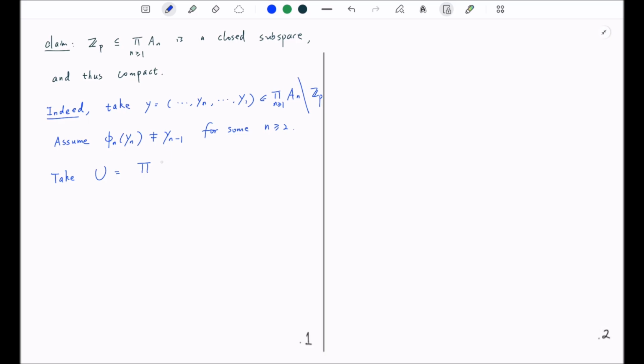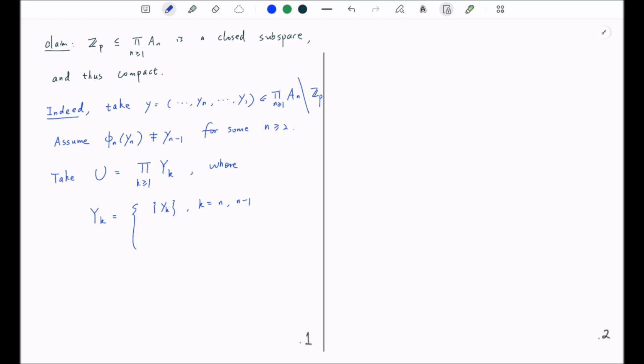Now we're going to construct an open neighborhood of this y that has empty intersection with Z_p. We take U to be the infinite product of Y_k, where each Y_k is defined as follows. If k is equal to n or n minus 1, we're just going to take this capital Y_k to be the singleton {y_k}.